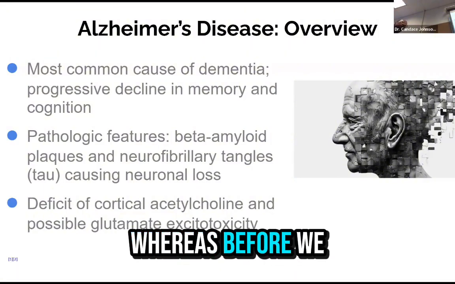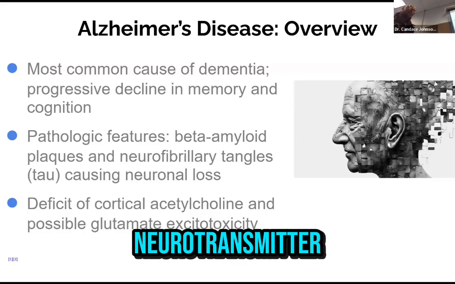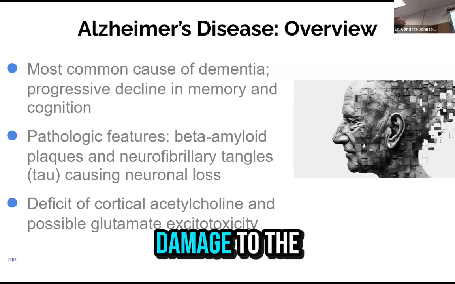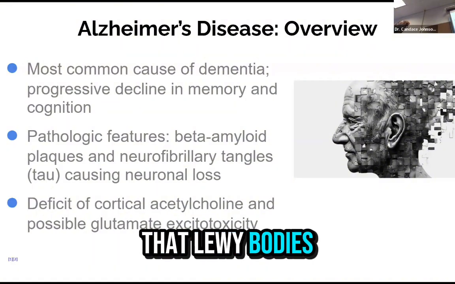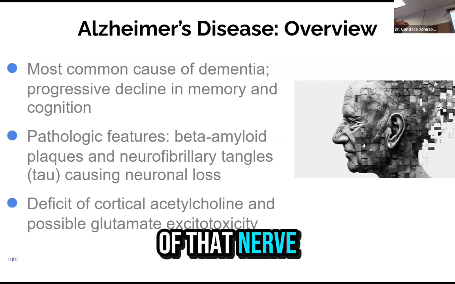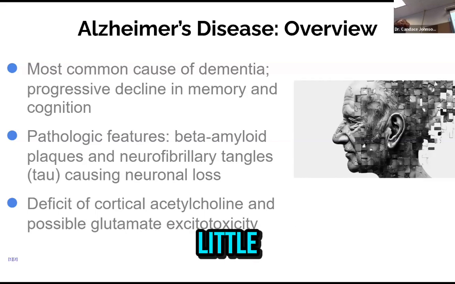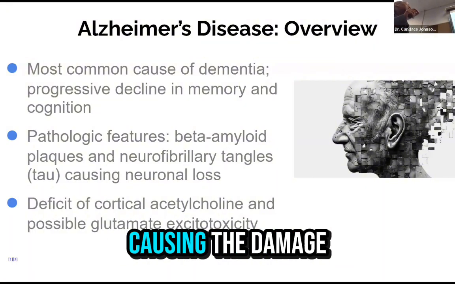So whereas before we were looking at some type of loss of a neurotransmitter, this is the damage to the neuron. With PD, we did see that Lewy bodies could also be contributing to the loss or the damage of that nerve, because the Lewy bodies are these little, I don't know, nodules, granules, something on the actual nerve causing the damage.